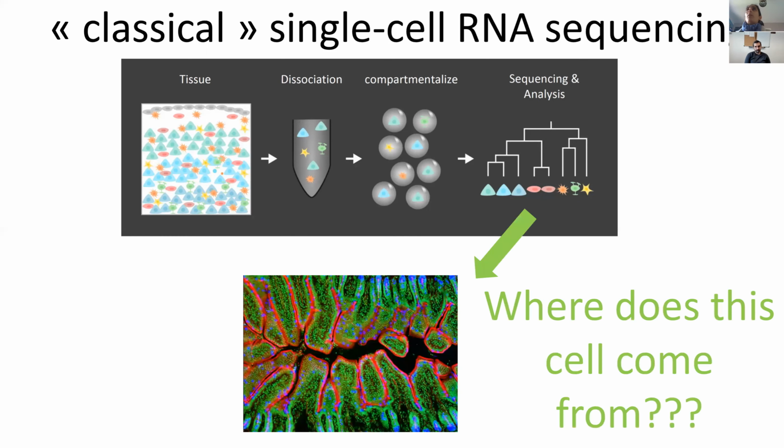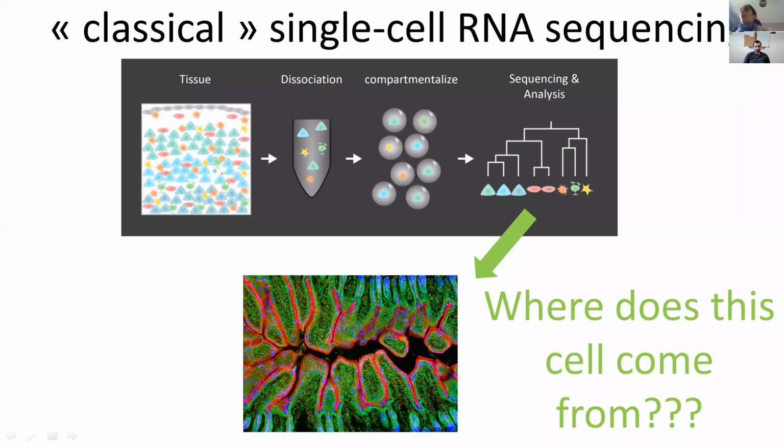But obviously, your tissue is actually not at all homogeneous. You might have a lot of different cell types in a given tissue and a lot of spatial structure. And this is, I think, a very nice example of a very complex spatial structure. What you really want to know is where each single cell that you analyze in your single cell RNA-seq, for example, actually came from in this very complex tissue.